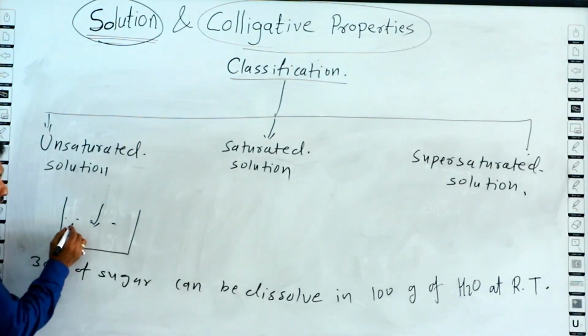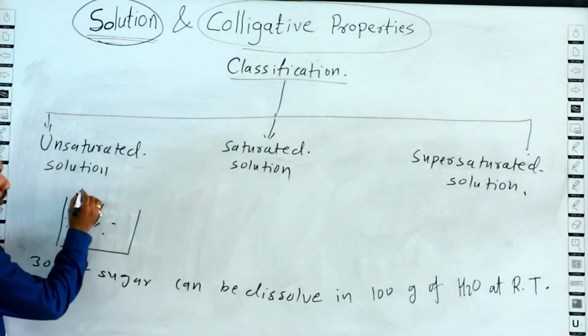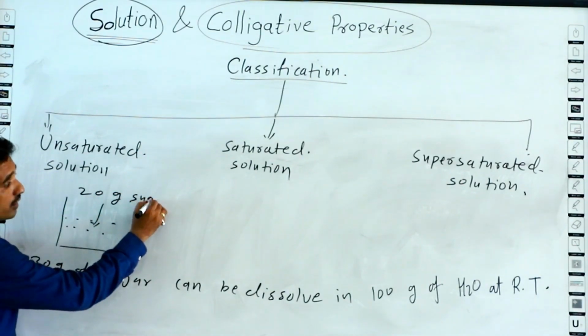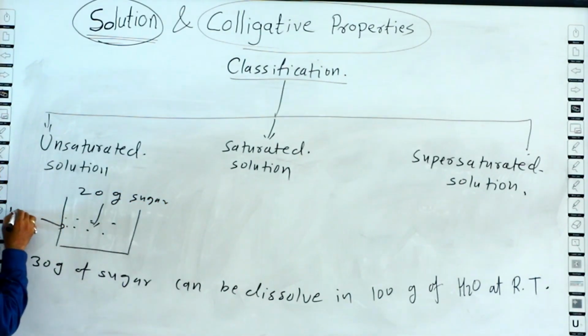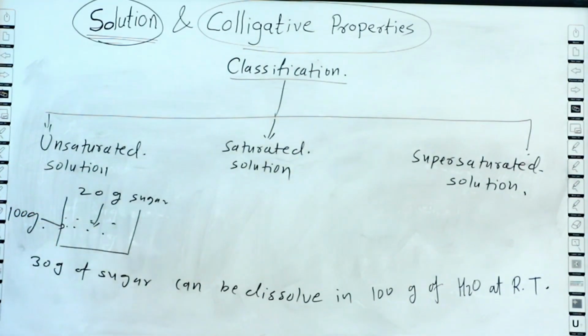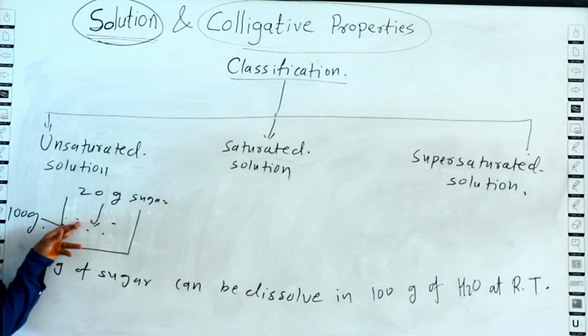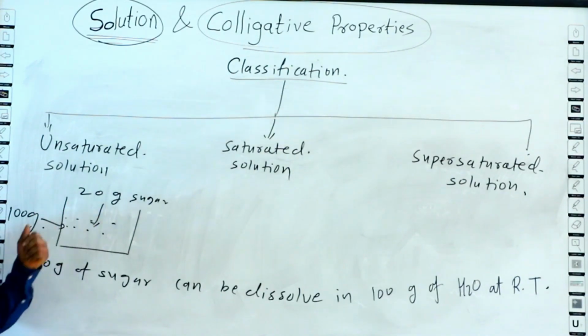Then if we add only 20 gram of sugar in 100 gram of water, there are some sites which can be filled. Here 10 gram of sugar can still be added. So the solution is called an unsaturated solution.